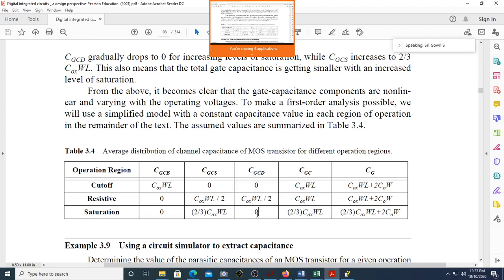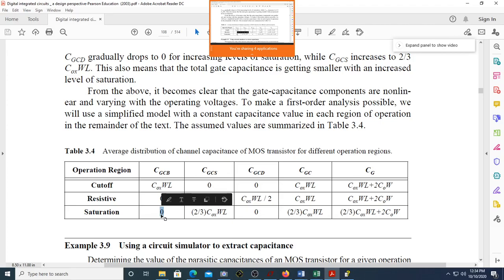Here it is 0. Can it even connect to the bulk? In cutoff, we had no channel, so there it would be pinched off. But in this case, you will have the depletion region also, because there is a depletion region beneath that channel.